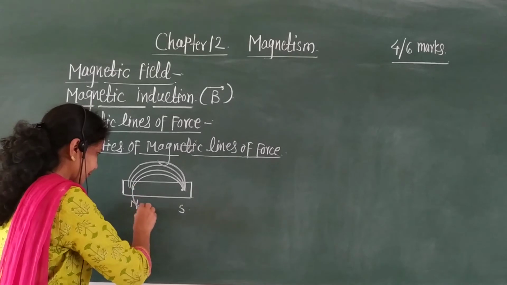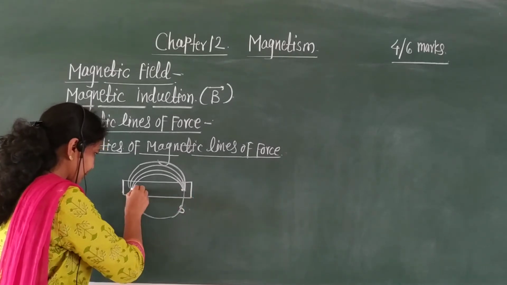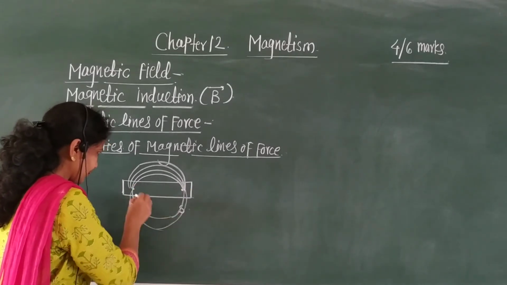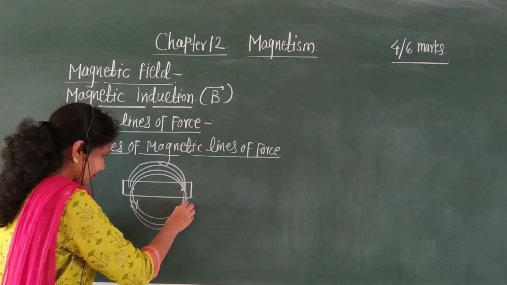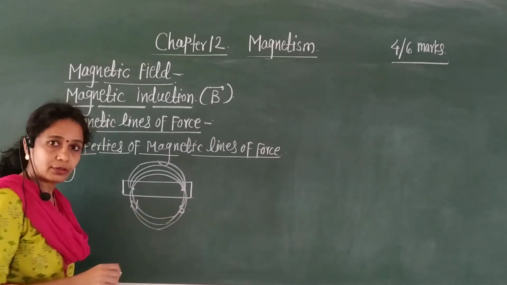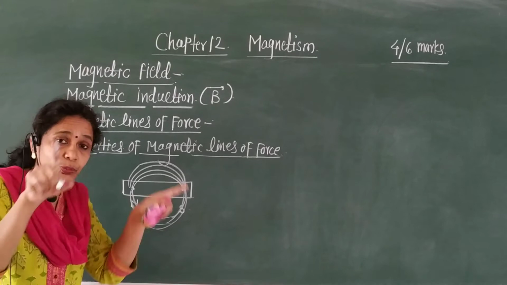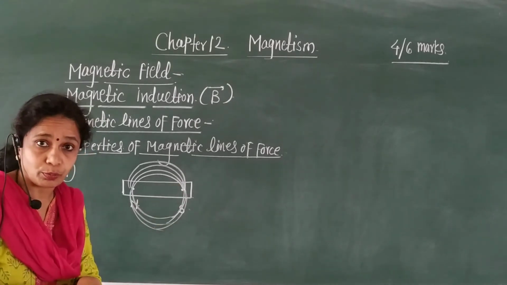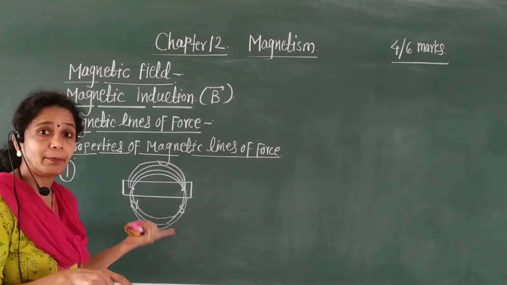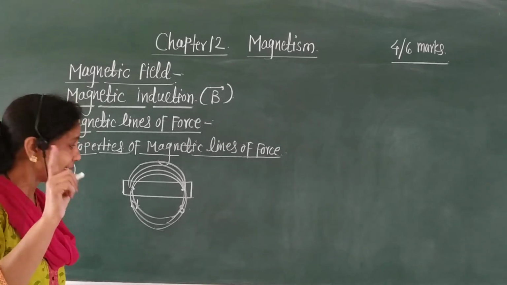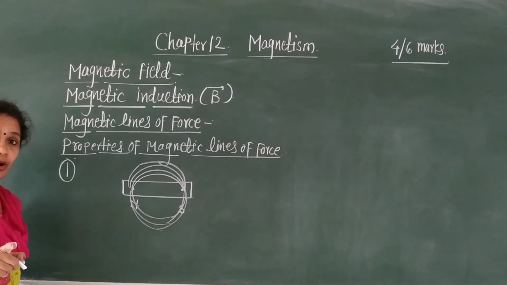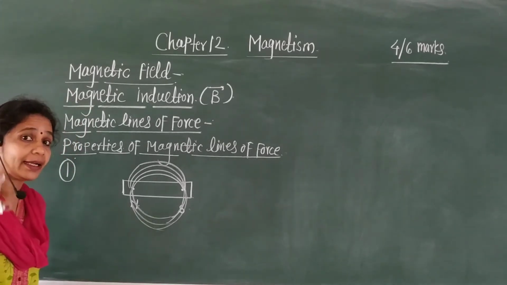Similarly, like this. Therefore, it forms a closed loop for a bar magnet. Therefore, magnetic lines of force of a bar magnet and a solenoid.